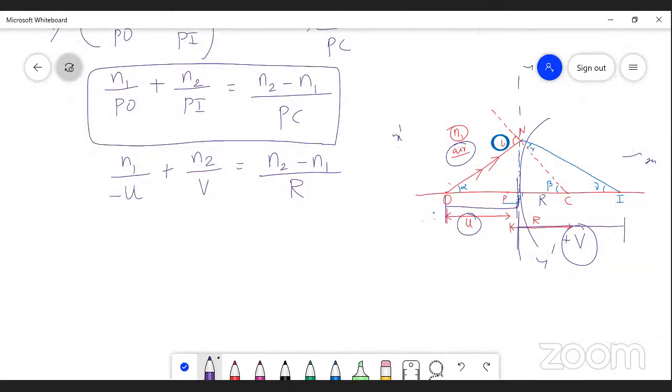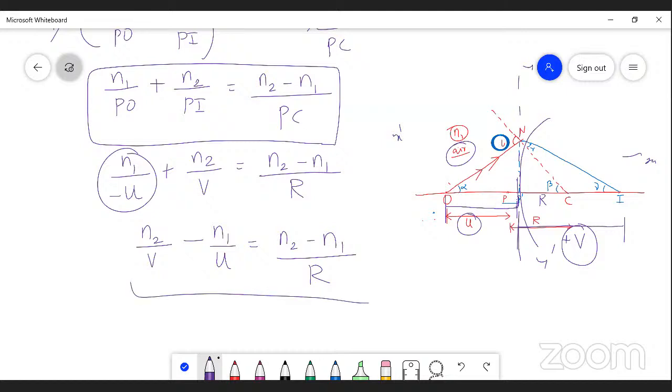Now I want to take N2 divided by V minus N1 divided by U. This value is negative. That's why minus N1 divided by U, which is equal to N2 minus N1 divided by R. R is nothing but the radius of curvature.